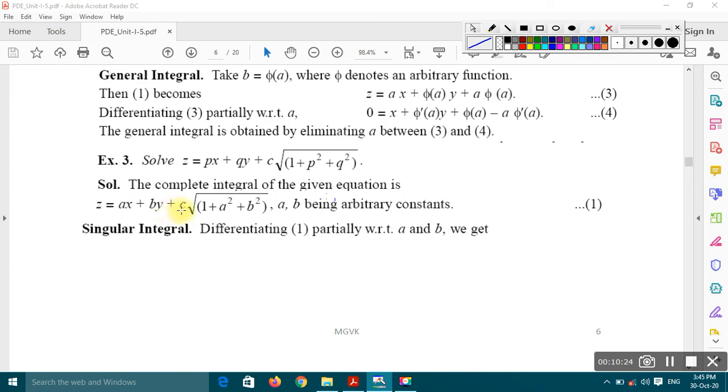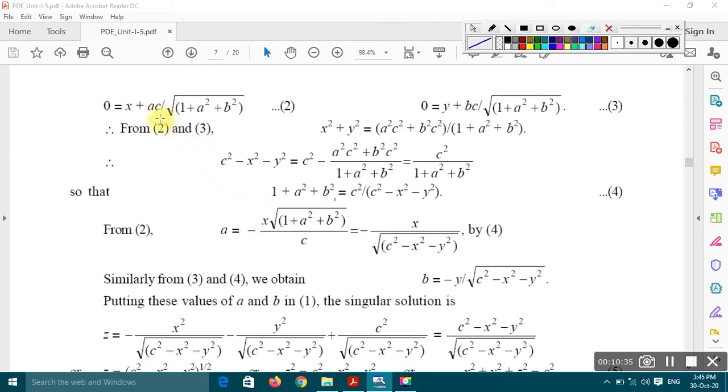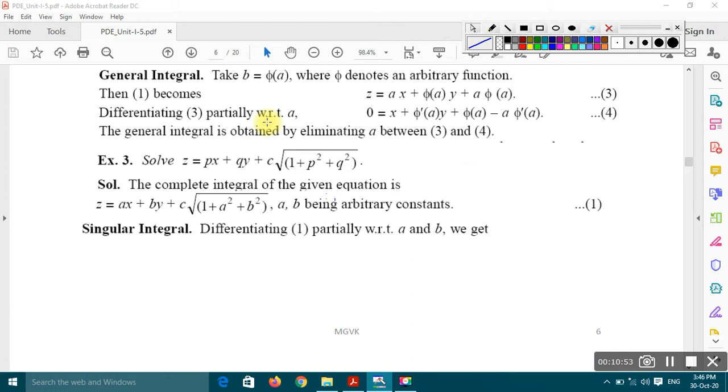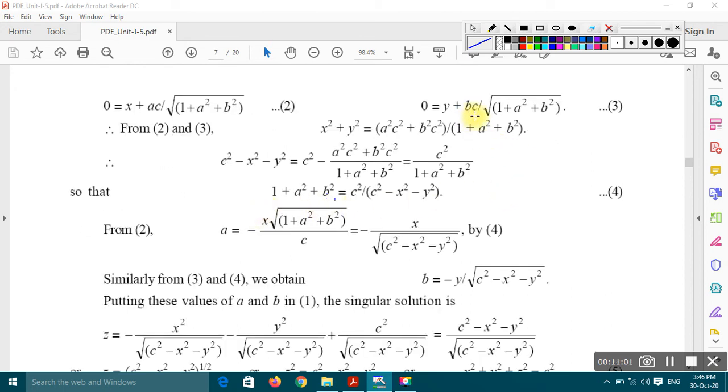Plus c times the derivative of 1 plus a square plus b square, which is (1 plus a square plus b square) to the power minus 1 by 2 into 2a. So 2 and 2 cancel out. So we get 0 is equal to x plus ac upon under root 1 plus a square plus b square. Now similarly we differentiate with respect to b partially this equation z is equal to ax plus by plus c under root 1 plus a square plus b square. Then we get 0 is equal to y plus bc upon under root 1 plus a square plus b square.